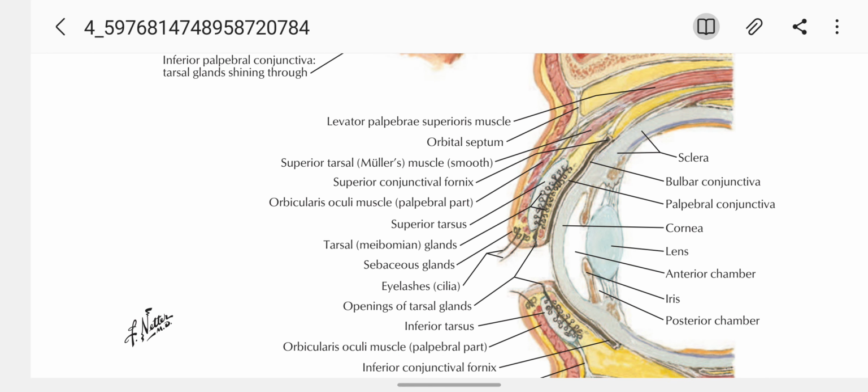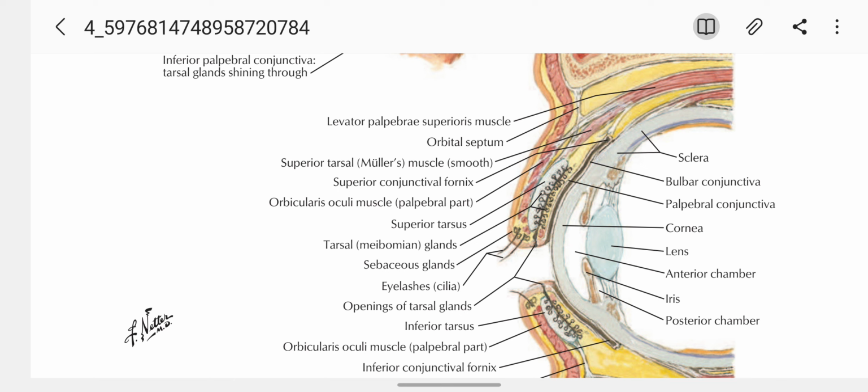The conjunctiva lining the deep surface of the eyelid is called the palpebral conjunctiva, and the conjunctiva lining the front of the eyeball is the bulbar conjunctiva. There is a potential space between the palpebral and bulbar parts, called the conjunctival sac.